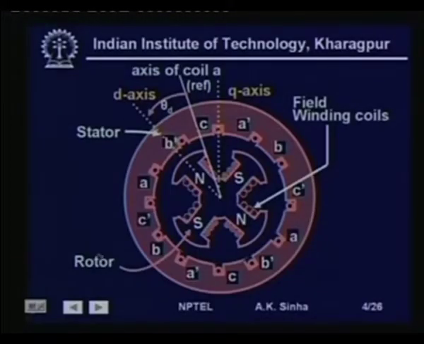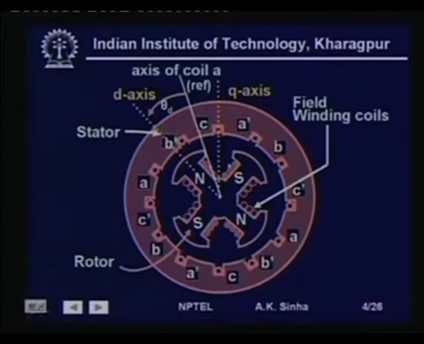Therefore, in this case, since the number of poles is 4, each mechanical degree is equal to twice the number of electrical degrees.